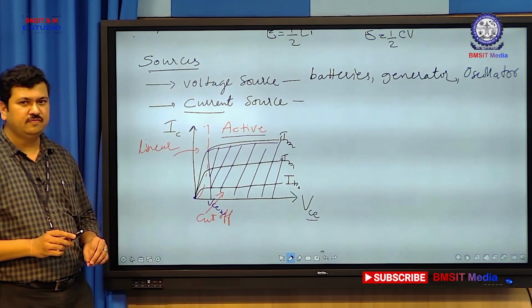There are 2 types of sources, whether current source or a voltage source: independent sources and dependent sources.